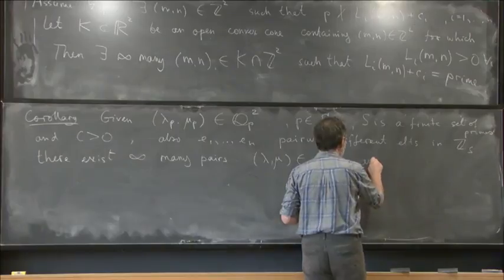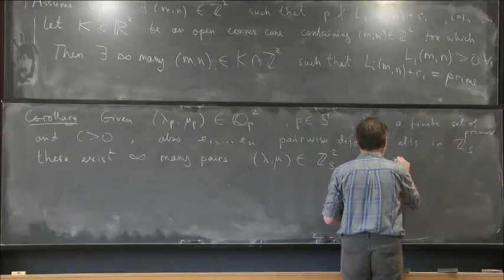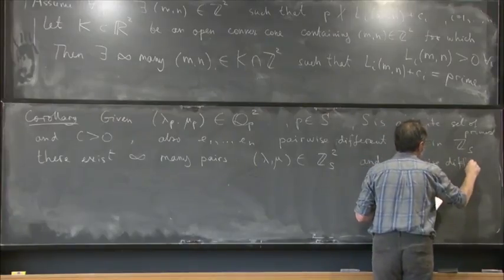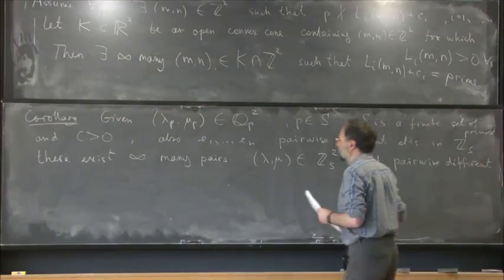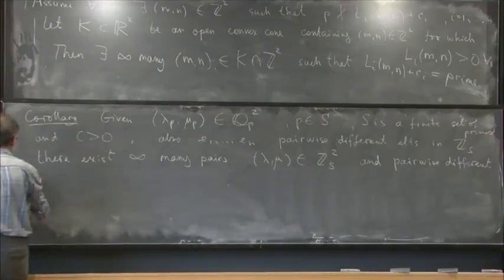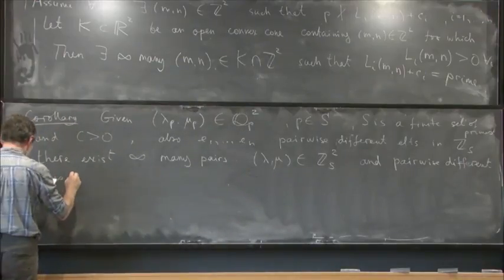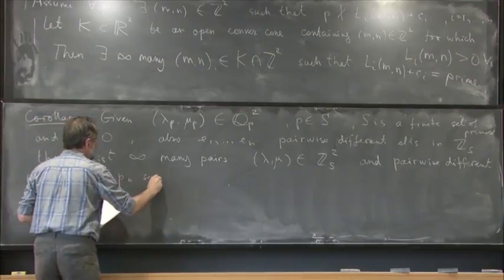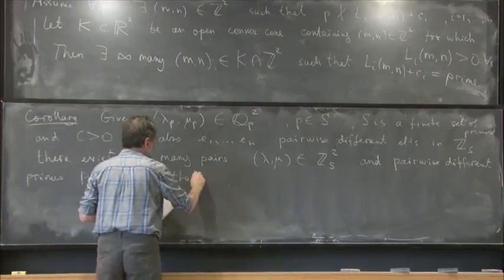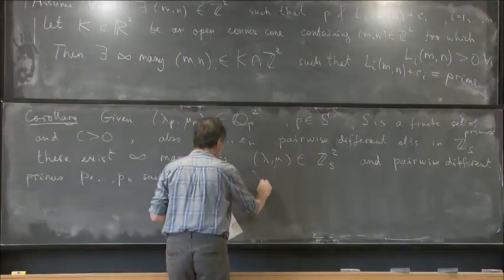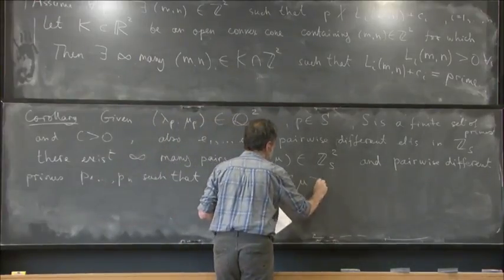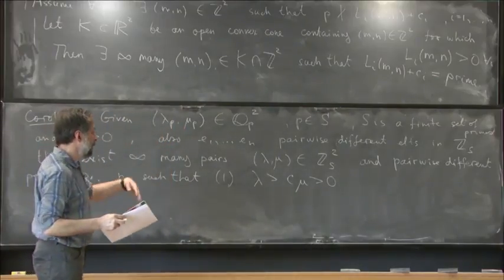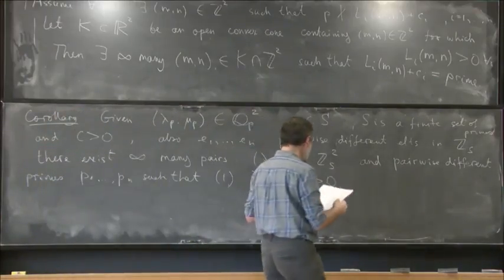And pairwise different primes such that, first, there's a real condition: lambda and mu are positive and lambda divided by mu is large.